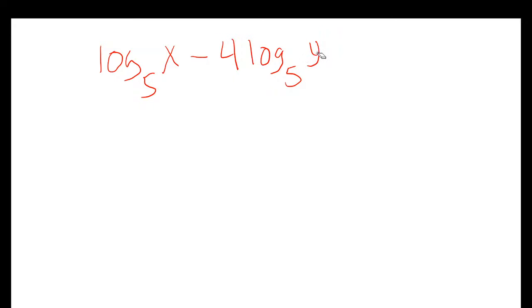All right, let's do this. Let's say log base 5 of x minus 4 log base 5 of y plus 2 log base 5 of z plus 6.